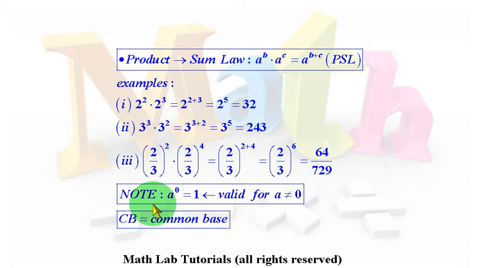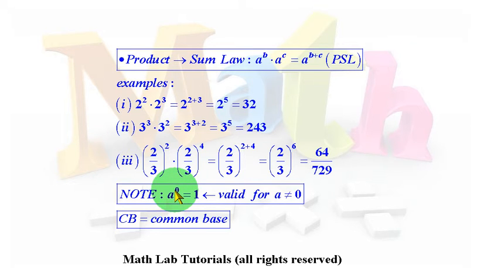Okay, an important note. A to the power 0 is defined to be 1, and this is valid if and only if a is not equal to 0, because 0 to the power 0 mathematically is undefined. We won't go through the details of why it's undefined, but be careful about that.